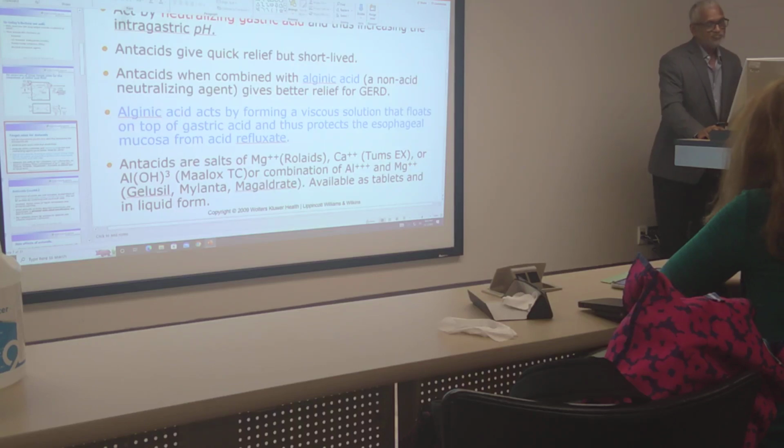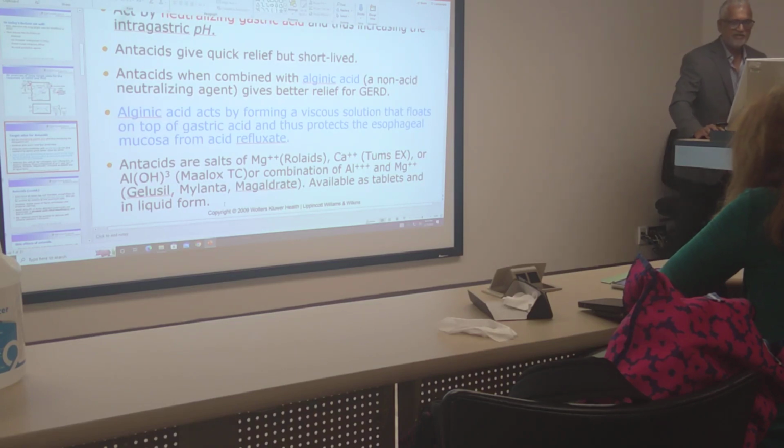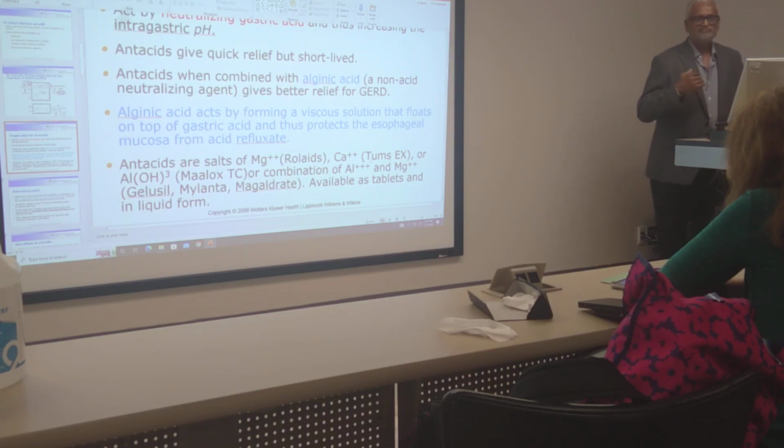Some antacids contain both aluminum and magnesium, such as Mylanta and Gelusil. For Tums, it is calcium. Tums has no real adverse effects, except a person may run into hypercalcemia.